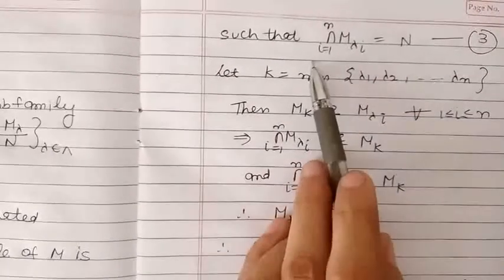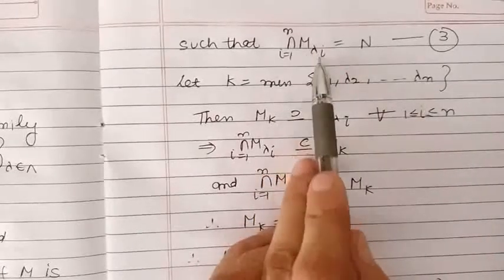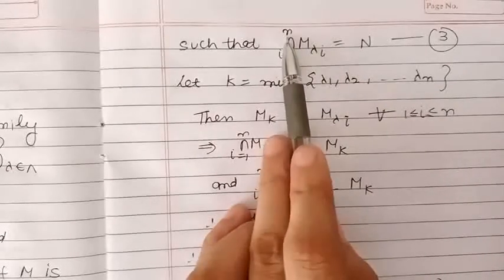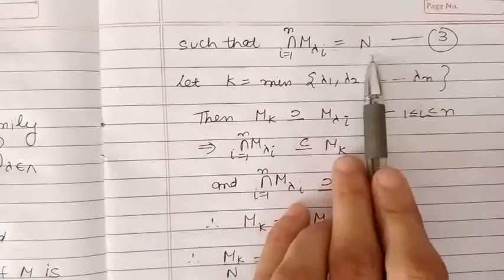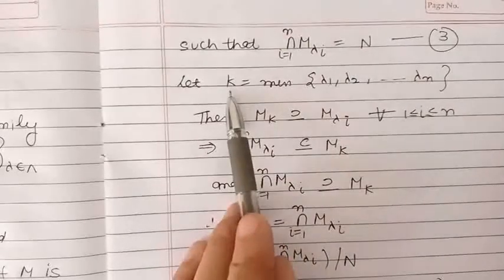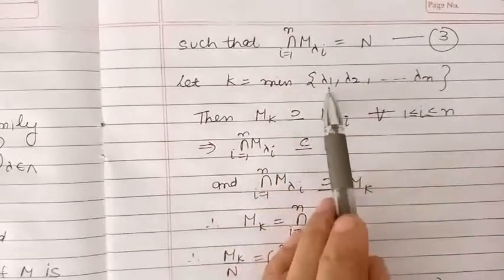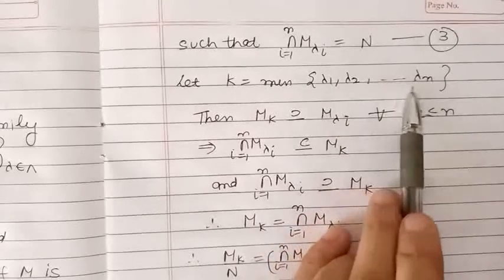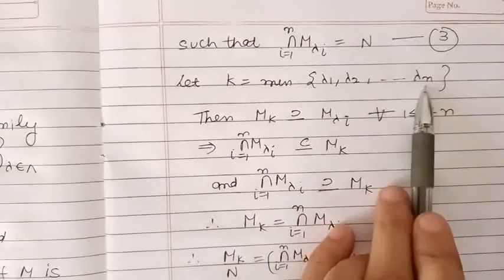So from here we get the intersection of M lambda i, where i varies from 1 to n, is N. Now let us take k as the minimum of these indexes lambda 1, lambda 2, lambda 3, and so on up to lambda n.